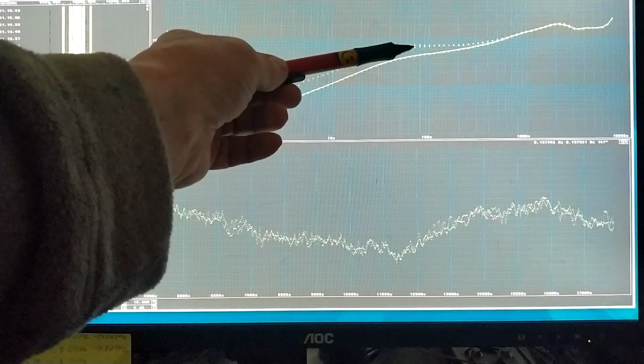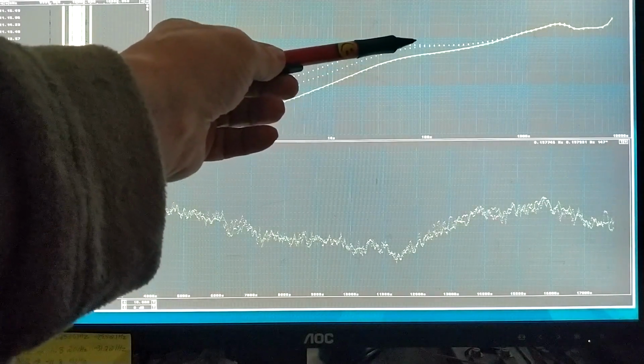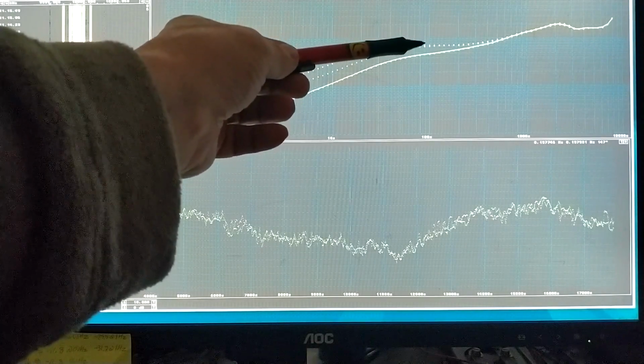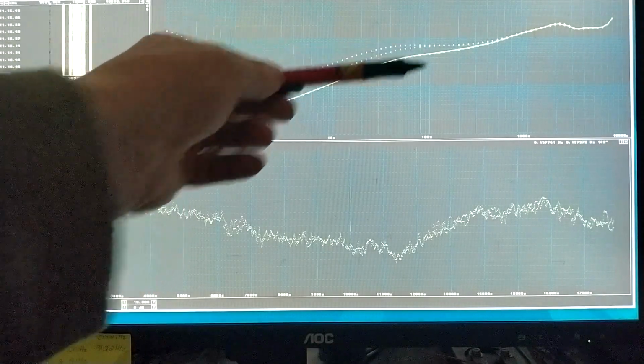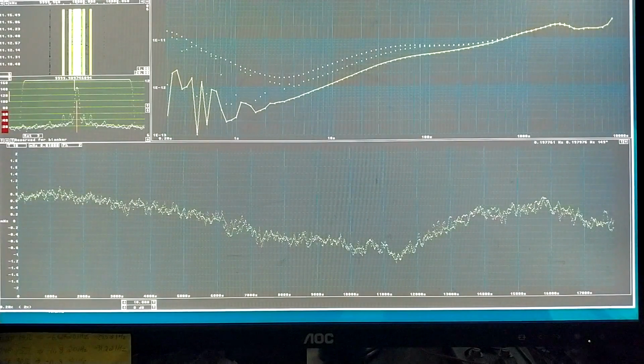This is the point where the phase locking to the rubidium oscillator is complete in both channels, a little bit more than 100 seconds. So this will also run some more time.